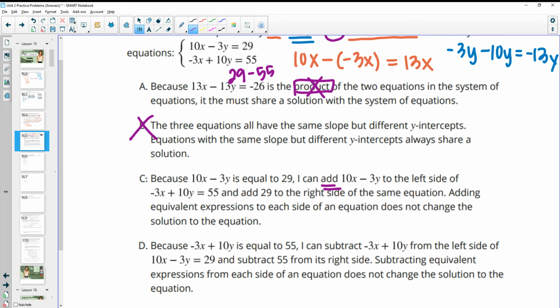Well, that's true, you can. But we didn't, because we subtracted them from both sides. So we subtracted this 3x plus 10y from the left, and we subtracted 55 from the right.